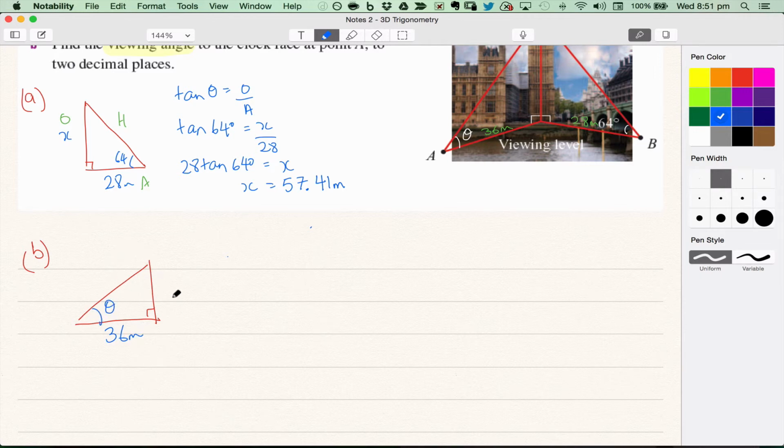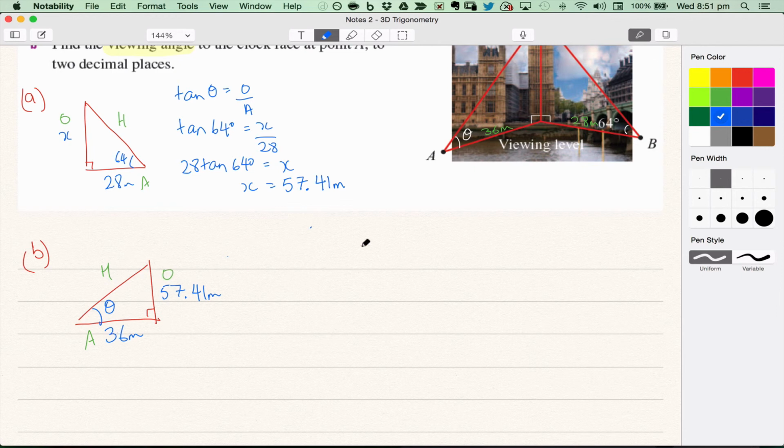This angle is theta, and we've already worked out the height to the clock face in our previous example, and that's 57.41 metres. Okay, first step, label the sides. Opposite, hypotenuse, adjacent. Second step, work out which ratio you're going to use.